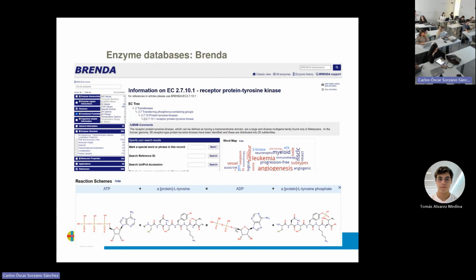So then, given one function, you will have different reactions here. So different enzymes that belong to this class.